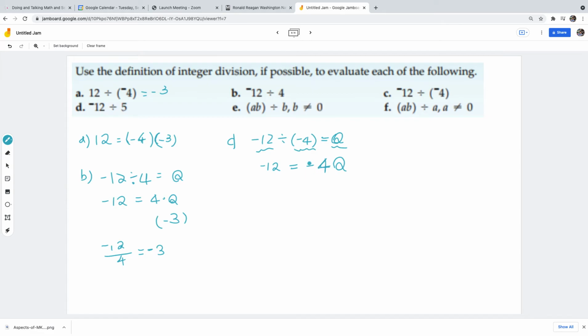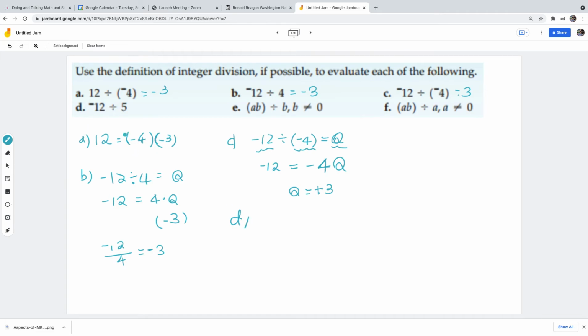So negative times negative makes positive, so we know that q will be a positive number. And 4 times what makes 12? 3 does. So q should be positive 3. So that is positive 3. And what did we get here? Negative 3. Okay, we can continue that.